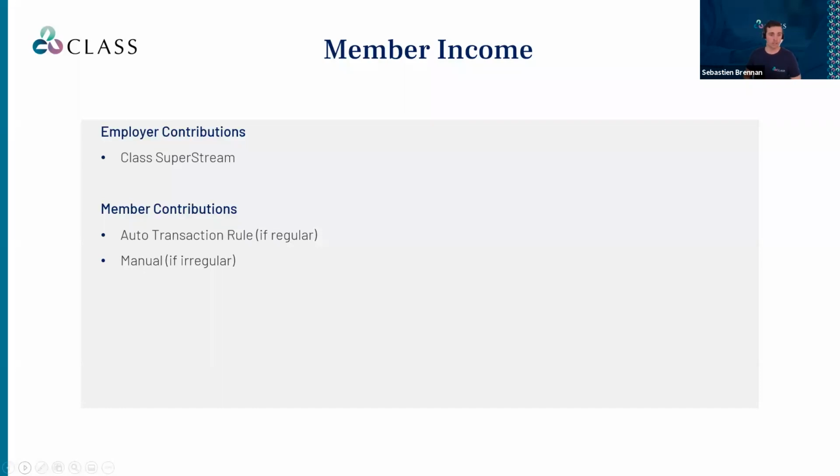The member income. Importantly, you should be seeing all employer contributions coming through Class's SuperStream. If you've got Class's SuperStream set up, you will have a data feed that then brings in those transactions and matches them off to the cash. Now, the comment I get quite a lot here is that, oh, well, we've got SuperStream, but we've also got a lot of related party entities.